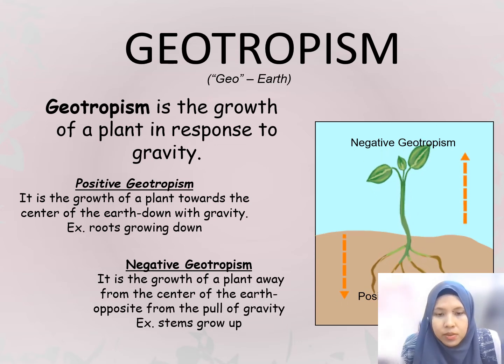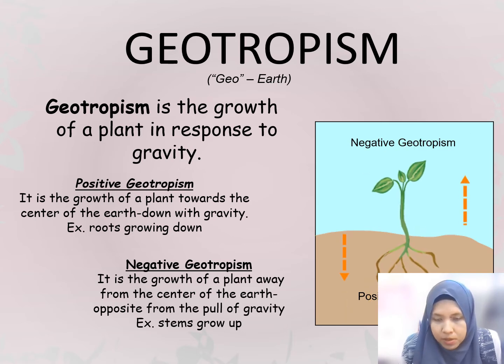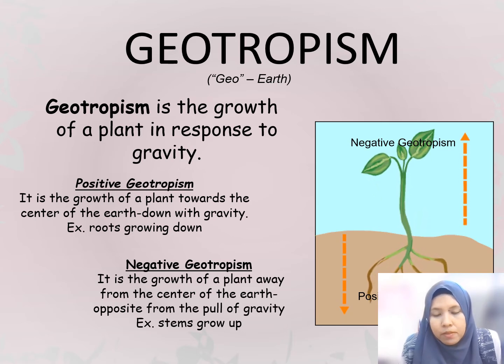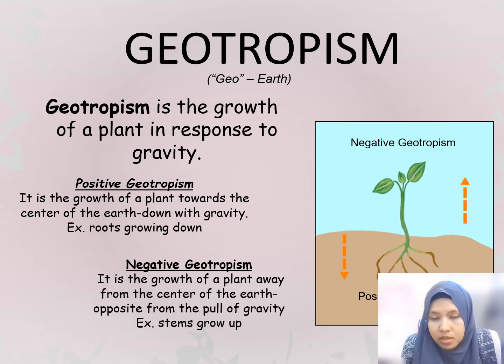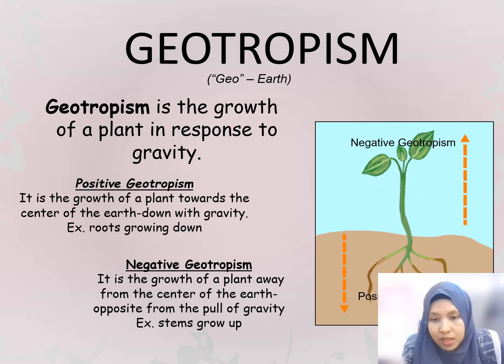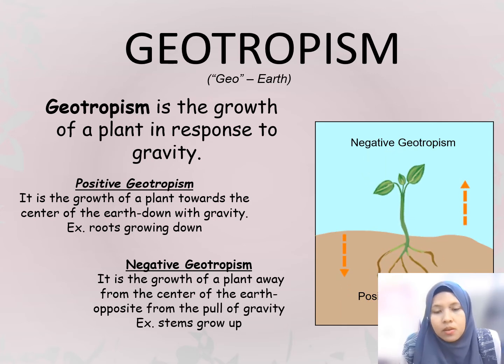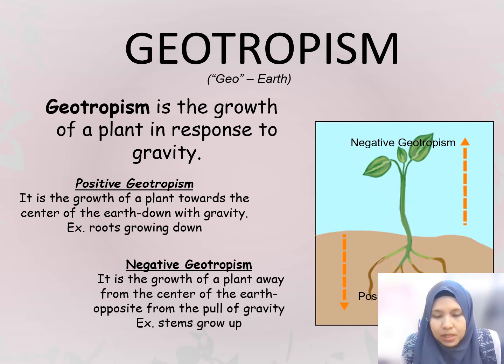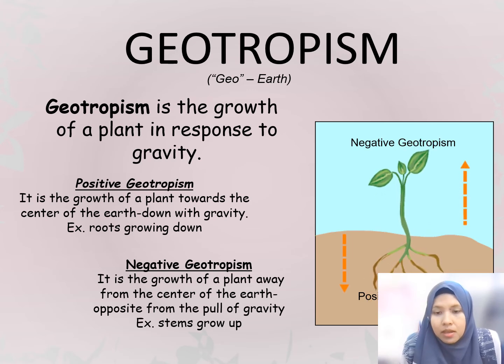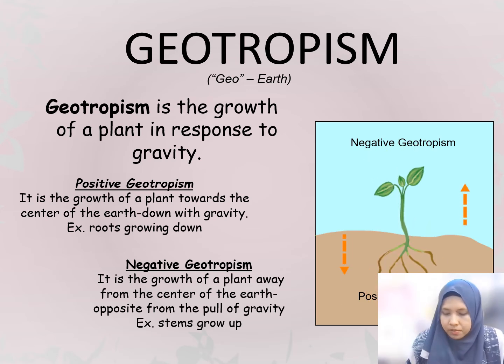Also, the plants can have negative geotropism, meaning that the plant moves away from the stimulus, away from gravity. This we can see in the stems and also in the shoots, because they are growing up against the gravity force.